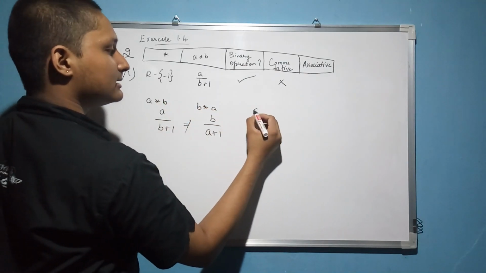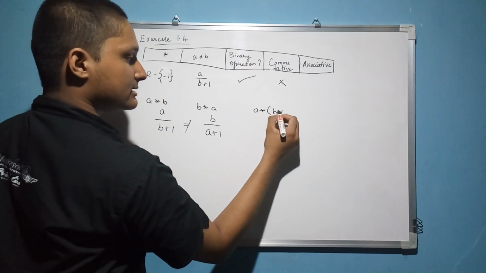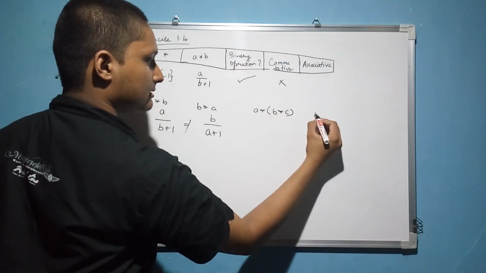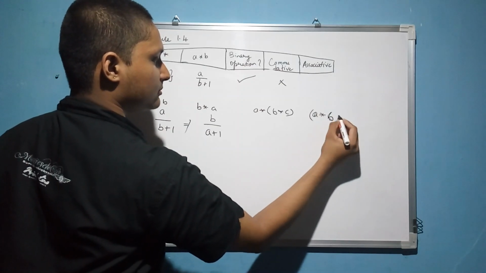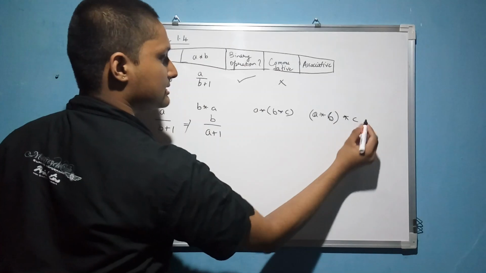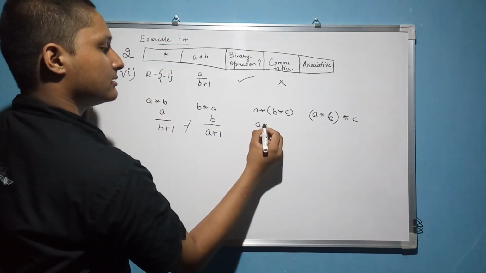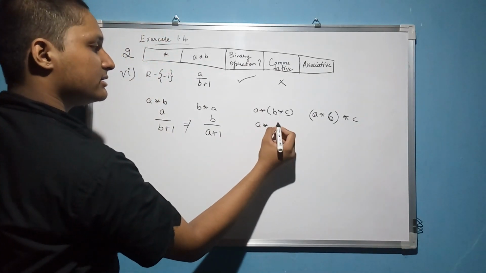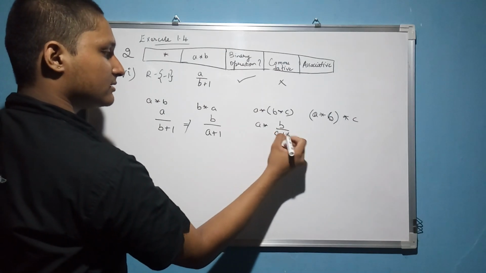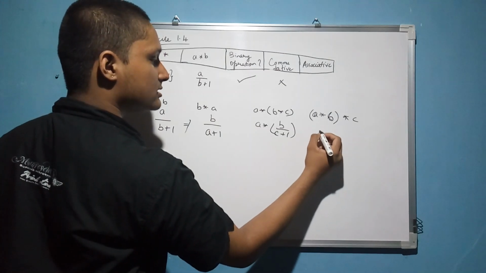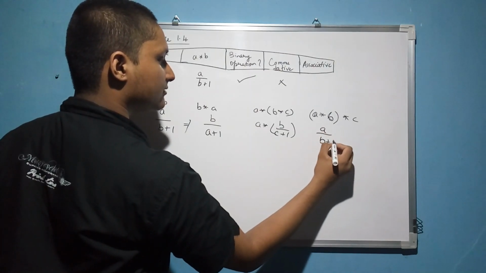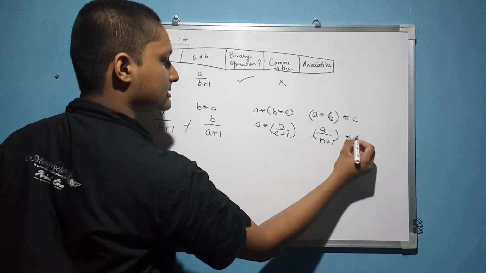So the next part is a star b star c and a star, okay, a is common, right? B star c. First a, then b and c, right? So it is b by c plus 1. First divided by second plus 1. Similar here also, a by b plus 1 star c.